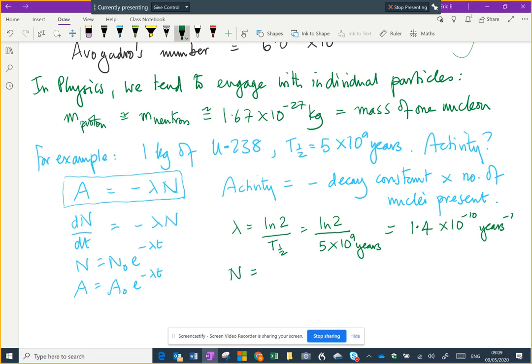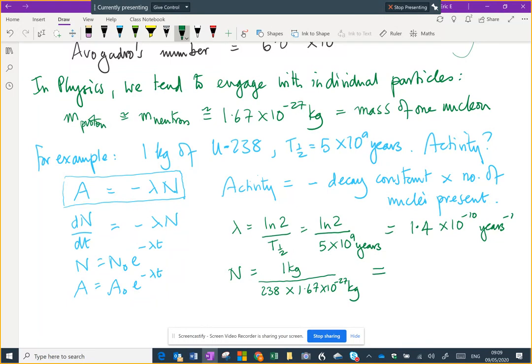I'm going to say to myself, okay, we've got 1 kilogram, and I want to know how many uranium-238 nuclei there are in that kilogram. So I'm going to divide by the mass of 1 nucleus. Well, there's 238 nucleons, and each one, as it says above, has got a mass of 1.67 times 10 to the minus 27 kilograms. So that's the way I would go about it.